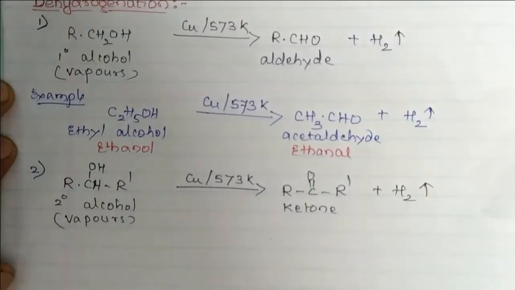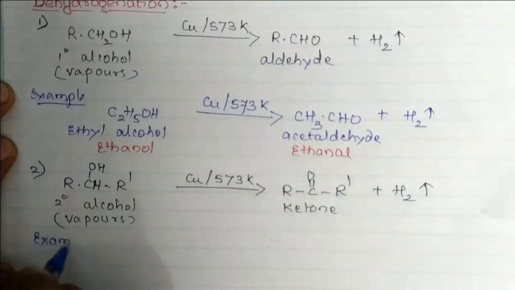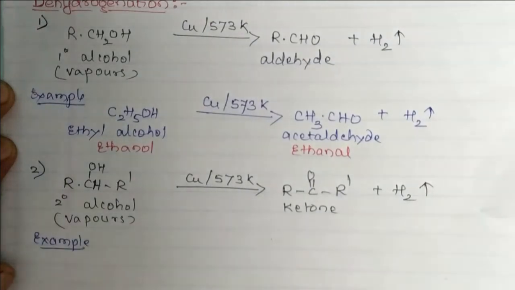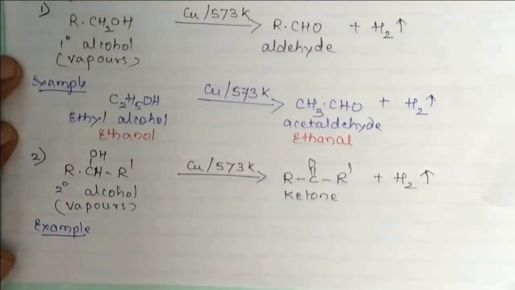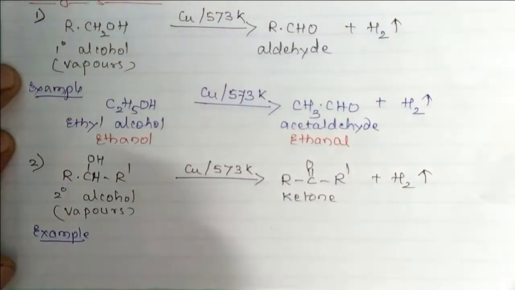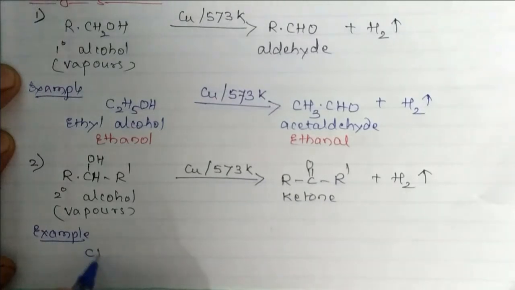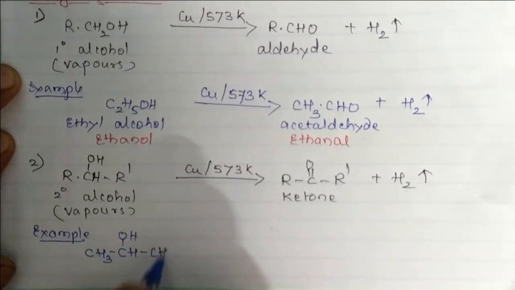Now let us see the example. 2-propanol, whose common name is isopropyl alcohol, CH3CHOHCH3.